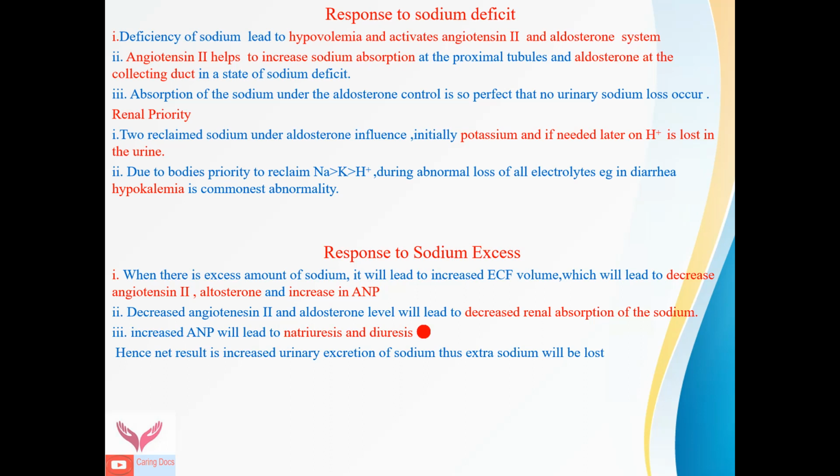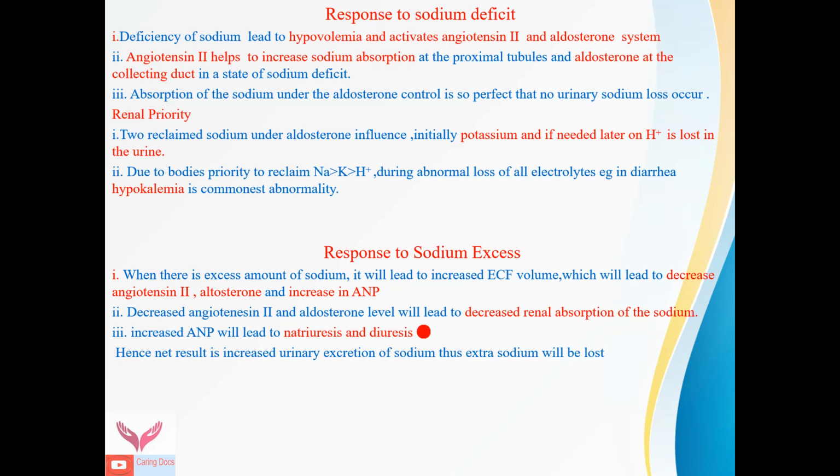Coming to sodium, whenever there is a sodium deficit in the body, the deficiency of sodium leads to hypovolemia, and this in turn activates the renin angiotensin aldosterone system. Angiotensin 2 increases the sodium reabsorption at the proximal tubules, and aldosterone increases the reabsorption of sodium in the collecting ducts.